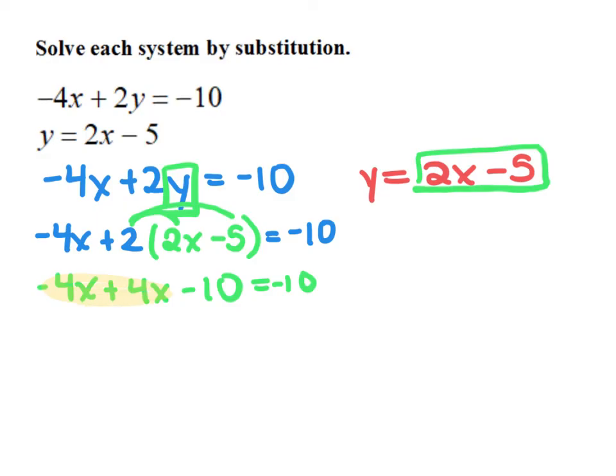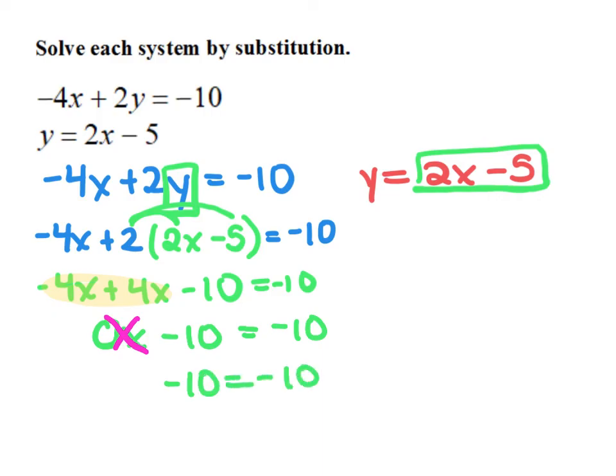However, when I combine this negative 4x plus 4x, that results in 0x. So I can write it out as being 0x minus 10 equals negative 10. But we know that if we have 0x, it really cancels out and we don't even need to include it. So this means our answer is negative 10 equals negative 10.